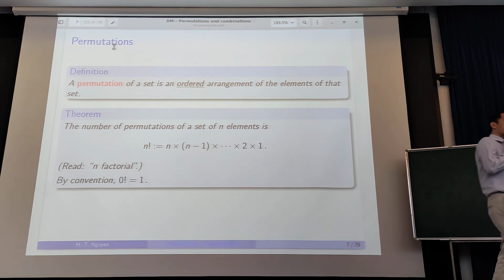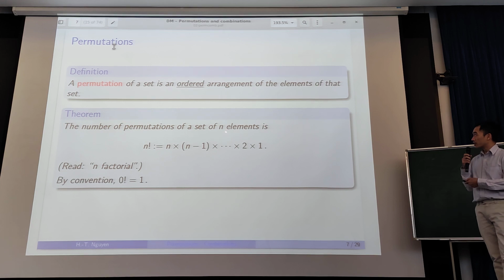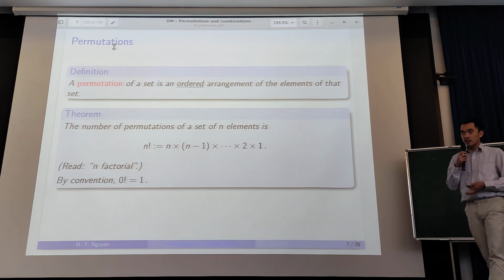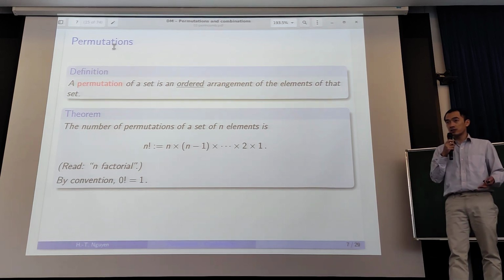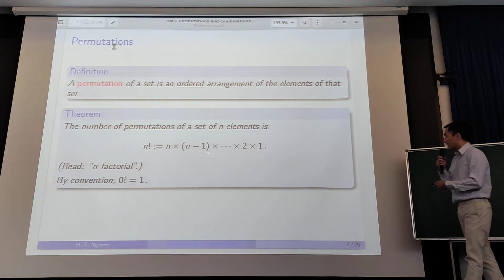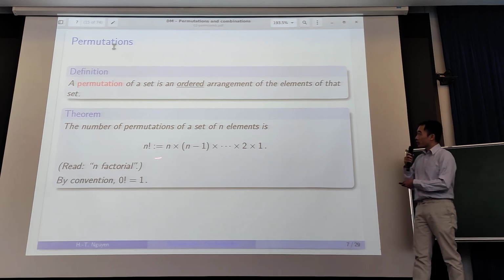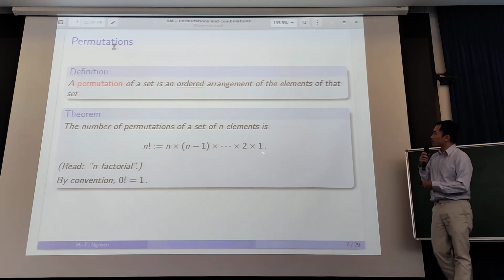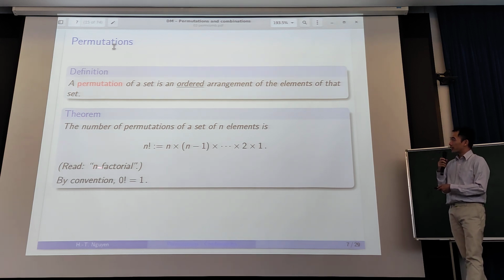And you can use a similar argument to the one we saw in the example about the cats, to get a formula for the number of permutations of a set of n elements. Okay? So we choose the elements one by one, and for the first place, we have n choices, and then we have n minus 1 choices left, and so on. And this product of the integers from 1 to n is called n factorial.